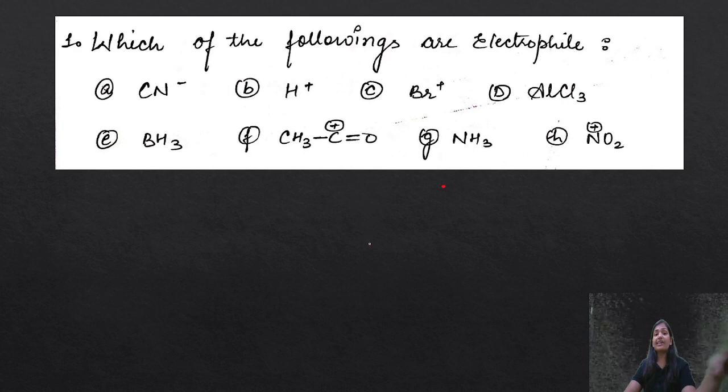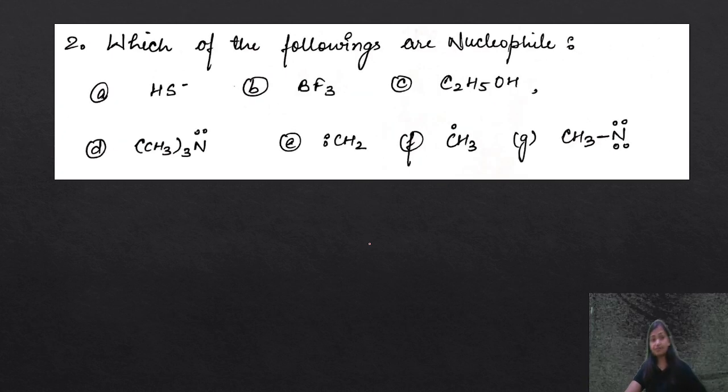Here in question 1, I have given you a few species: CN negative, H positive, Br positive, AlCl3. Some are charged species, some are uncharged species. Out of all these eight species, how many are electrophiles, which are electrophilic in nature?